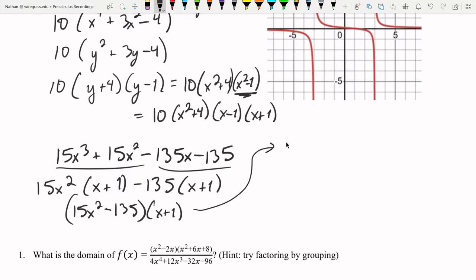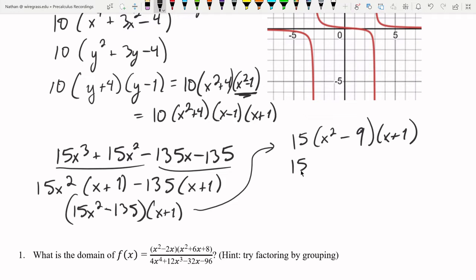Of course, in the 15x squared minus 135, I can take a 15 out of the first and second term. That gives me 15 times x squared minus, how many times does 15 go into 135? 9 times. Times x plus 1. And this is a difference of two squares.